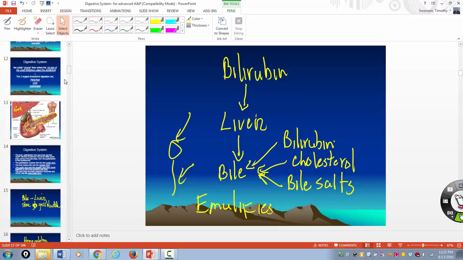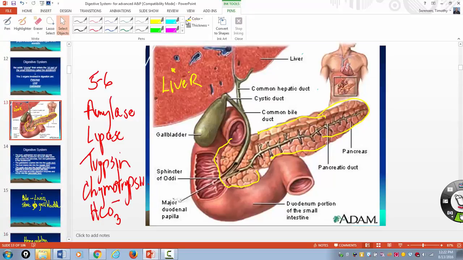So once that bile is produced in the liver, as you can see, the common hepatic duct and the cystic duct come together to form the common bile duct.